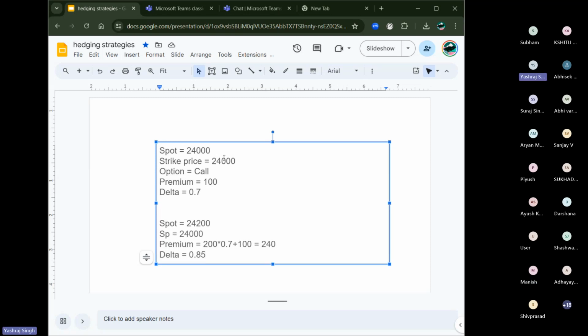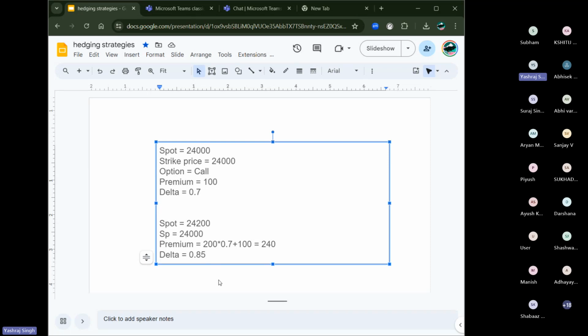A call with a strike price of 24,000 and a premium of 100 rupees has a 70% probability that it will close above 24,000. When it moved to 24,200, you were proven right, so the probability also increases. These 0.7 and 0.85 are numbers I have taken on my understanding. It is practical, but it is not something that will be the same always. Anything can happen, so keep that in mind.